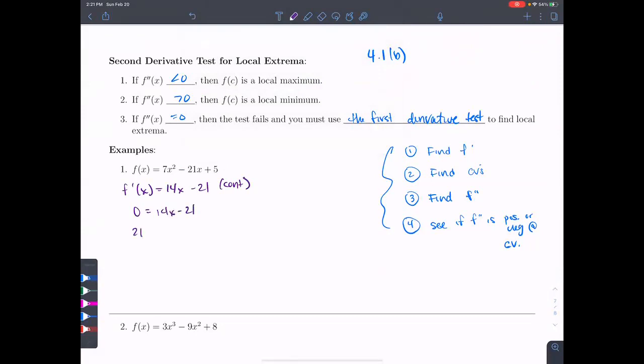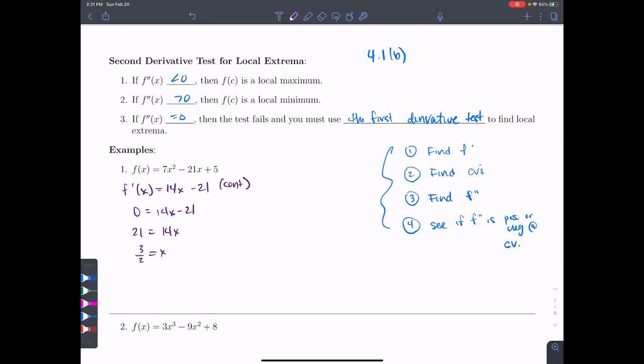So 21 is 14x. So x is 3/2. I wrote that down as 2, but 14 doesn't go into 21 twice.